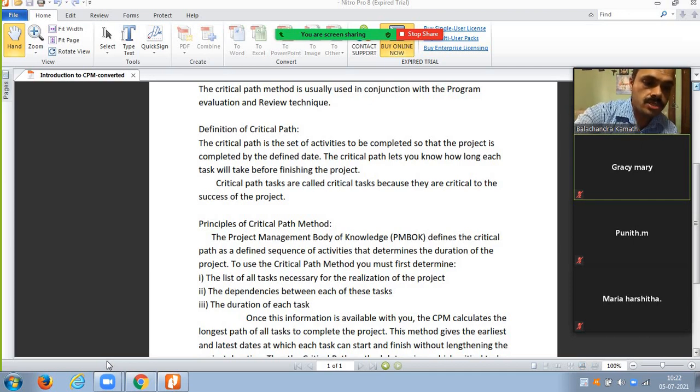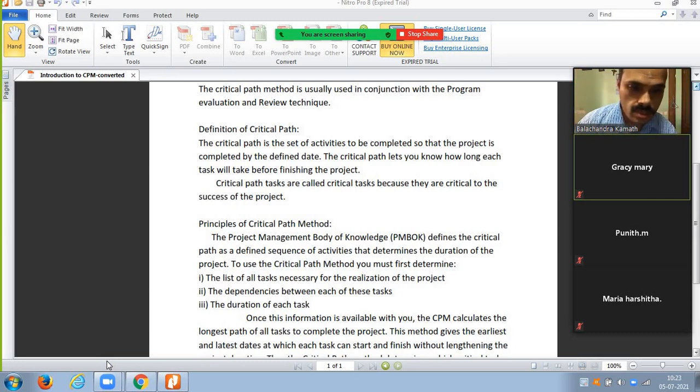Dependencies between these tasks: the tasks you have already defined. One is talks with the affected stakeholders, then construction of the metro pillars, then laying of the railway track, then construction of the stations, and the last step is the trial run of the metro on the track laid out.